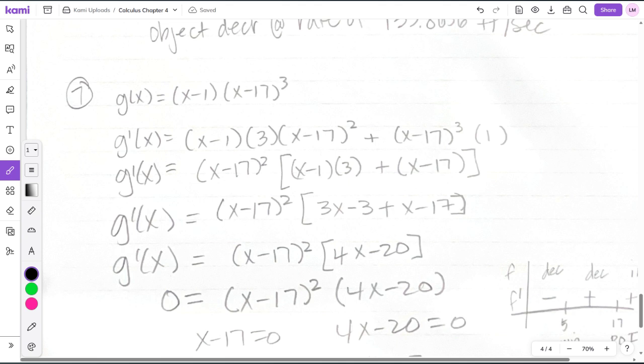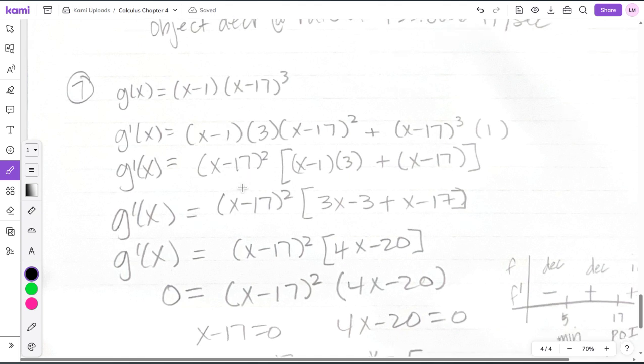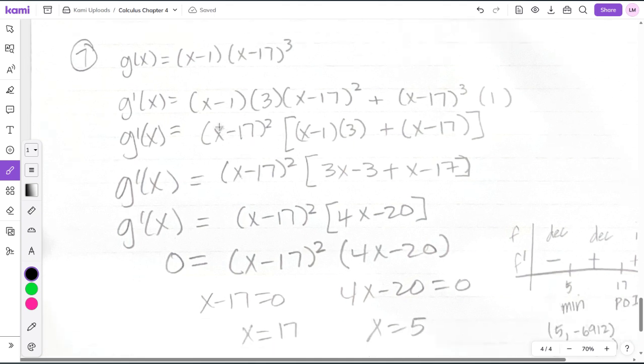Number 7, determine all the critical points for the function. We were also supposed to find where the function is increasing and decreasing, and identify local and absolute extrema. This is actually a 4th degree function, so we are going to have some absolute mins because it opens up. So I took the derivative. I did product rule and chain rule. First times derivative of the second, derivative of the inside is 1, and then second times derivative of the first.